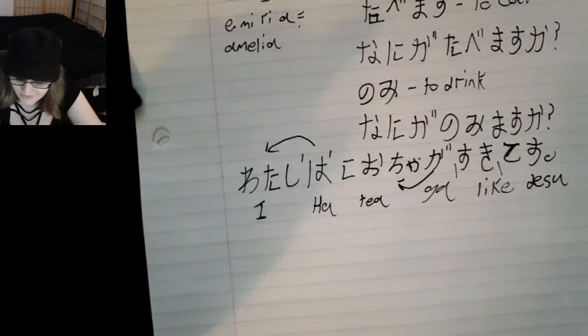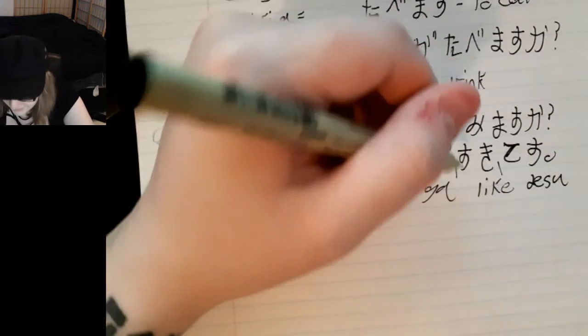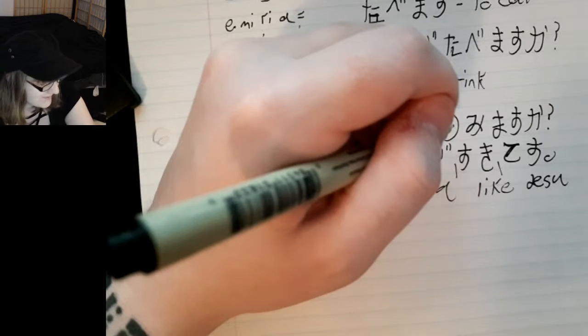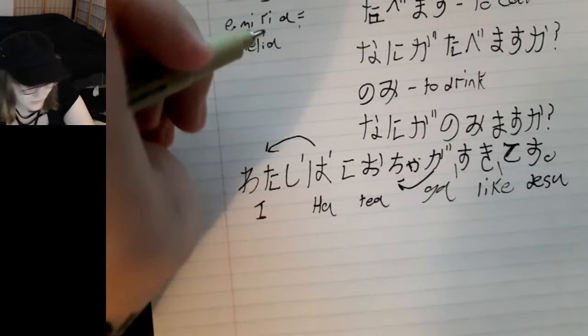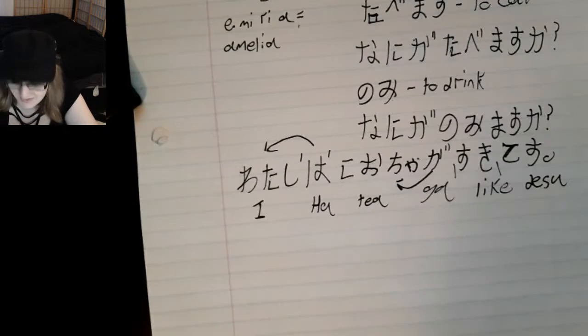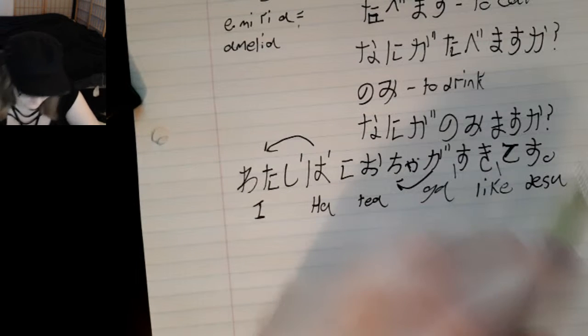For some reason, suki is the only verb in English that I can think of at the moment that isn't a verb in Japanese. That's why we're using desu instead of masu. There is no sukimasu. It is suki desu. And if I were to write this with a tense like deshita, then I'm saying I liked tea, as in I don't any longer. Alright.